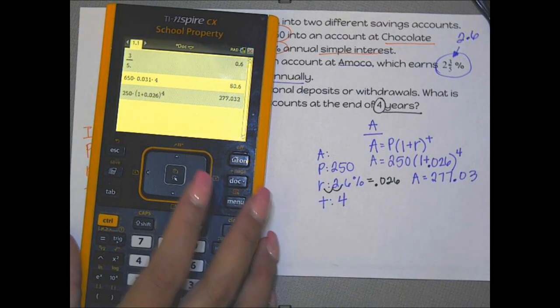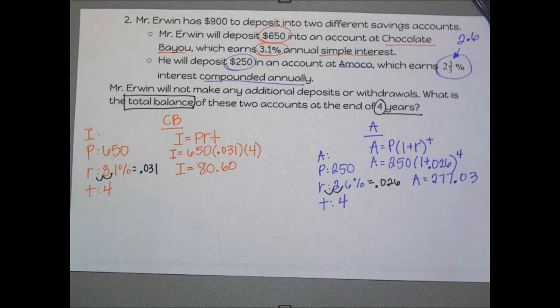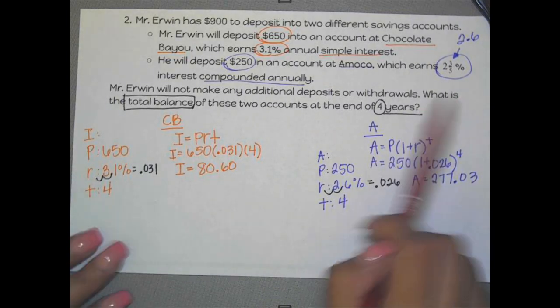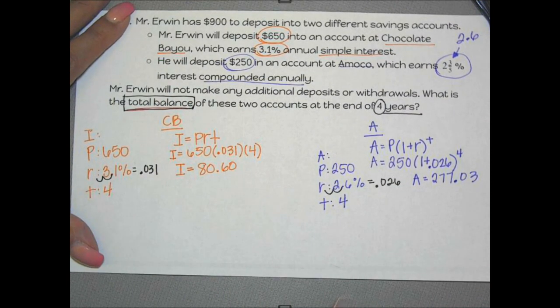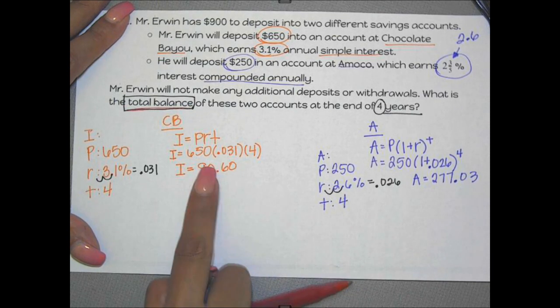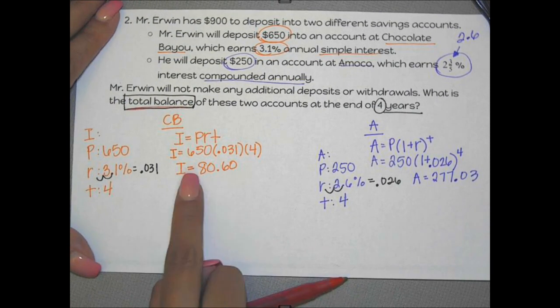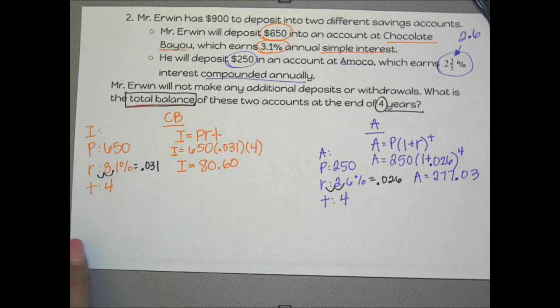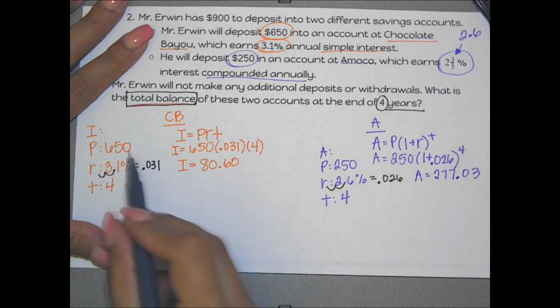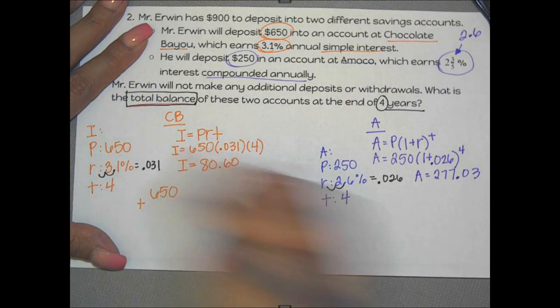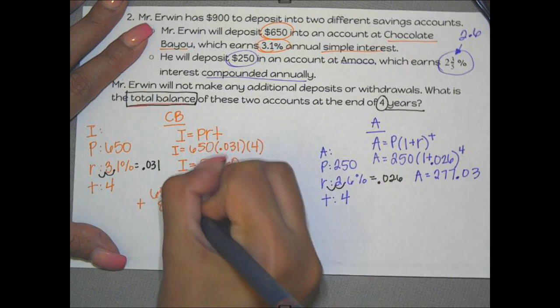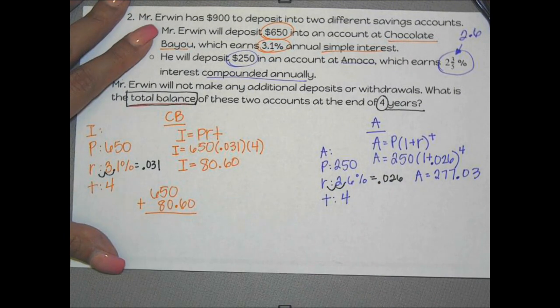Okay, so now I'm going to go back and read the actual question so that I can make sure I'm answering it how I need to. And it says, what is the total balance of these 2 accounts? So if I look at my Chocolate Bayou, that $80.60 is just my interest. In order to get my balance on that account, since it's simple interest, I need to take my principal because that's already in my bank, and then I add my interest to that because that's what I've earned in those 4 years.